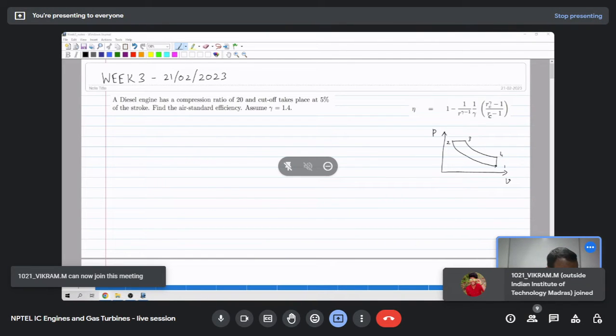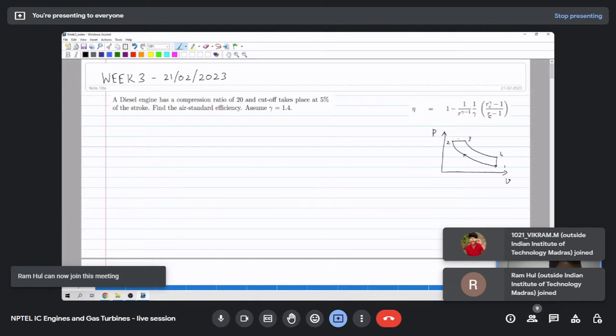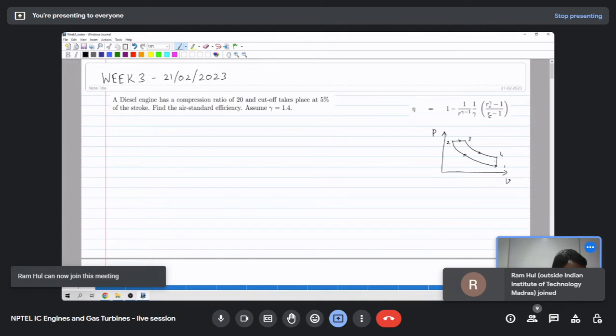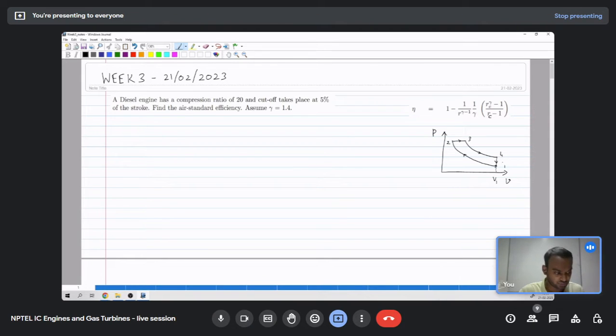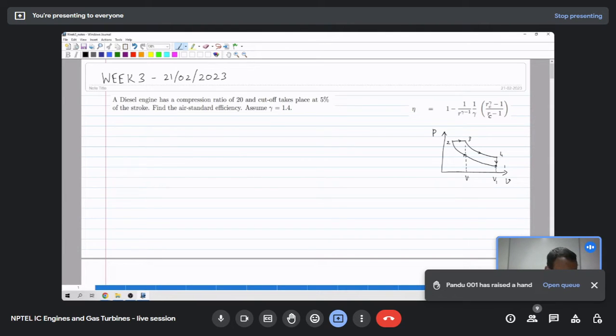So this is the direction. Now we have this as V1, volume at state 1, and volume after combustion is V3.